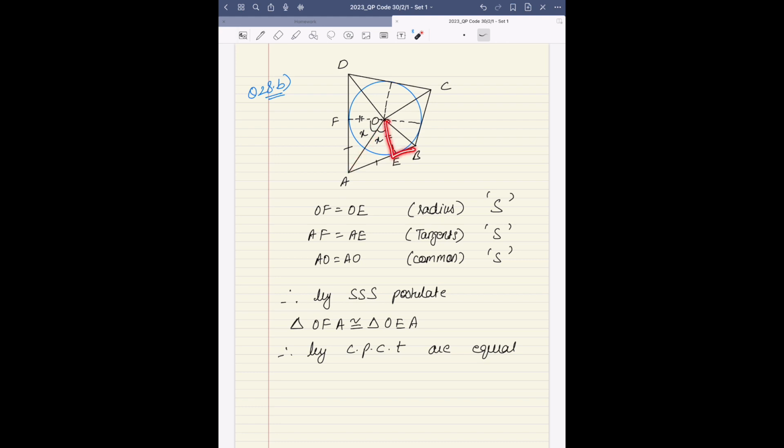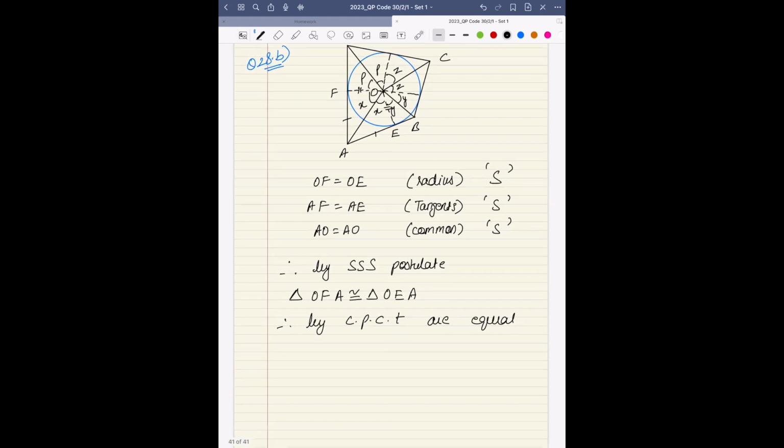Similarly, in this particular triangle, these two are also congruent. So if this is Y, this is also Y. These two triangles are also congruent. Hence by CPCT, if this is Z, this is also Z. And same with these two triangles, they are also congruent. Hence, if this is P, this is also P, right?